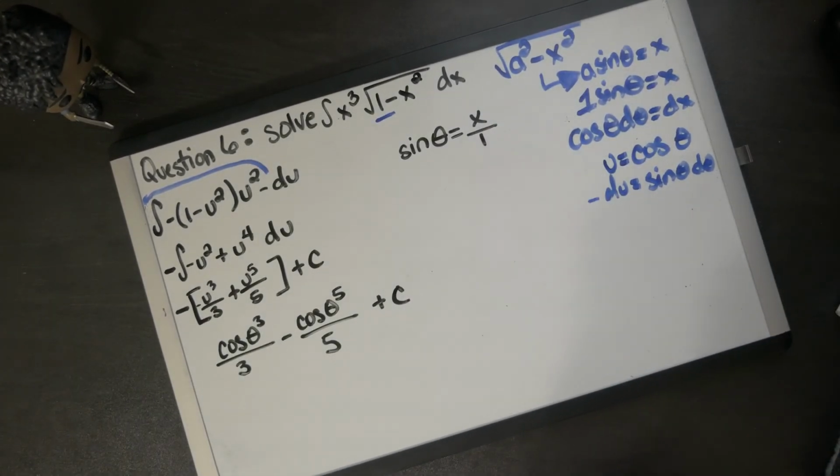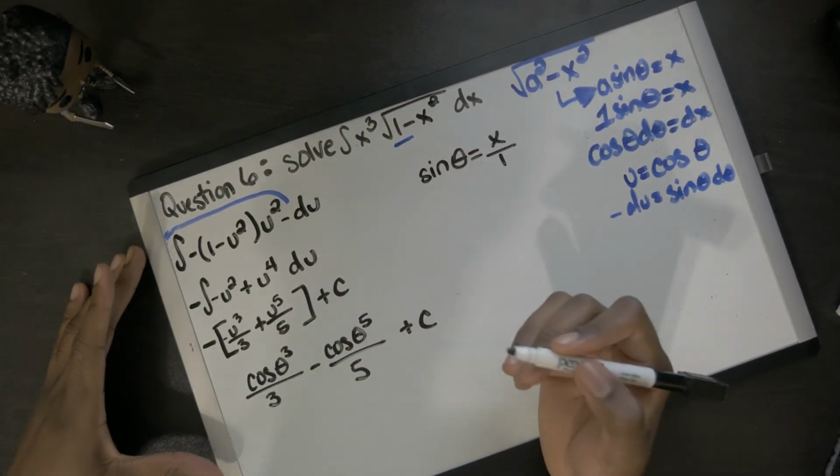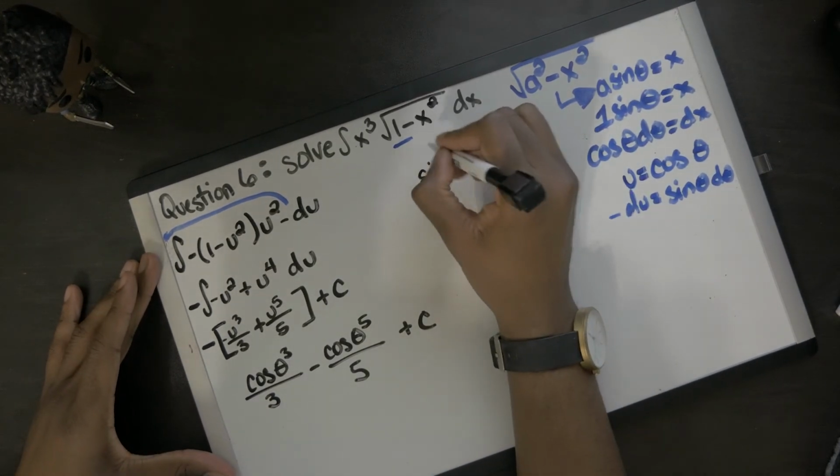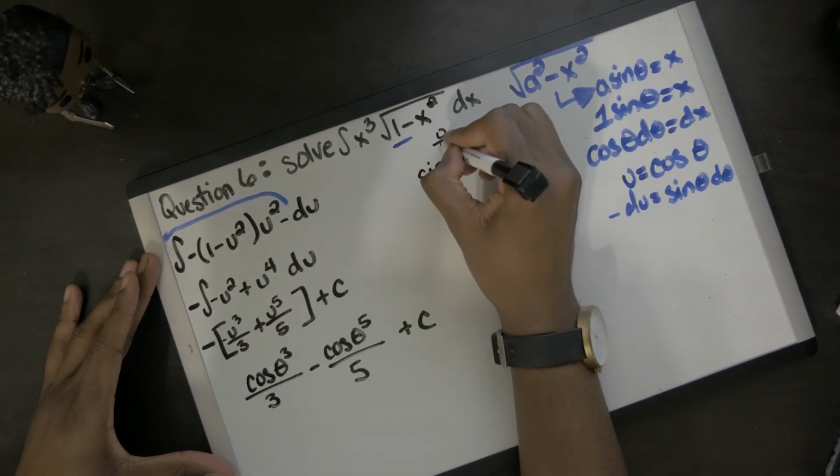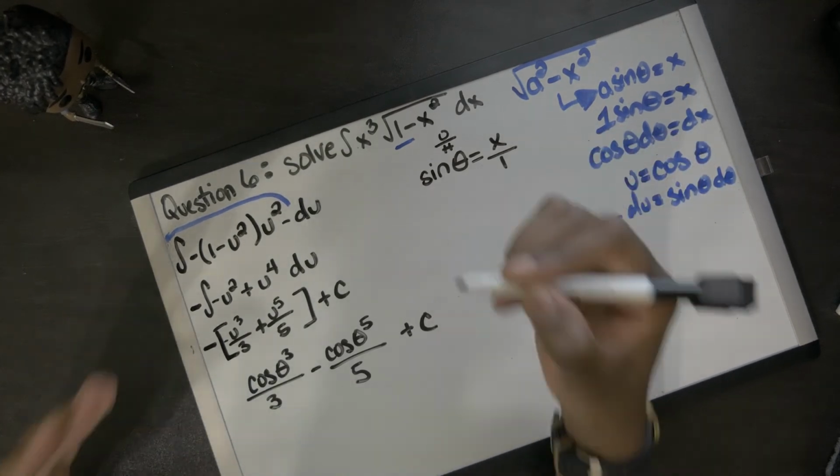Would I be correct with that assumption? I would think so, right? Well, if sine theta equals x over 1, then we know that sine represents opposite over hypotenuse.